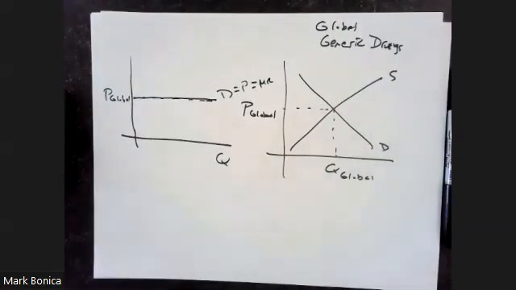This is technically a perfectly competitive market. There are relatively few of these circumstances. Things like generic Motrin are pretty close to a perfectly competitive market. There's such an enormous demand, and there's so many suppliers that nobody can manipulate the price of the market.